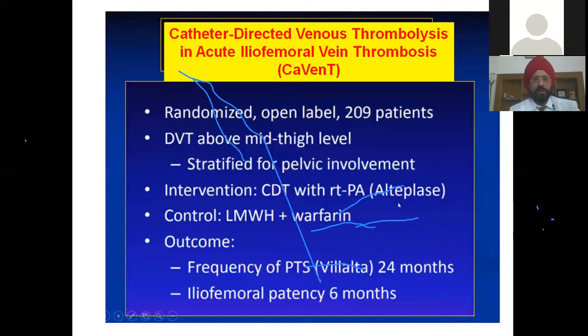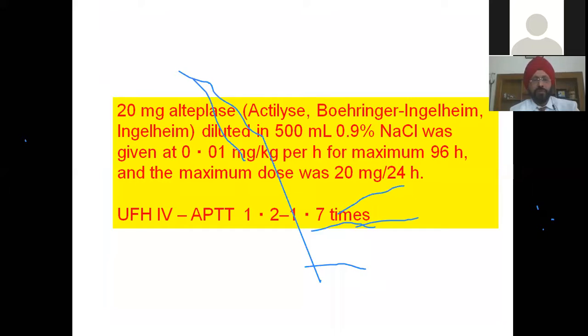And it was a randomized trial of 209 patients, and basically it showed that the frequency of post-thrombotic syndrome was lesser if you used catheter-directed thrombolysis, and iliofemoral patency by a venogram at 6 months was better. So by using that, we have been using catheter-directed thrombolysis.